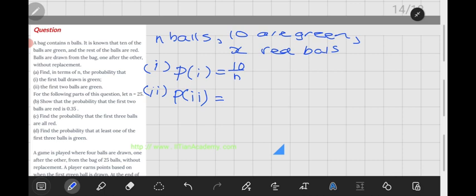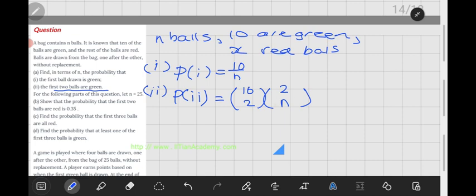Well, our probability, the first two balls are green, is the product of two sets of probabilities, where we first take the number of ways of selecting 2 green balls out of our 10 green balls, and then the number of different ways to choose 2 balls out of n balls.